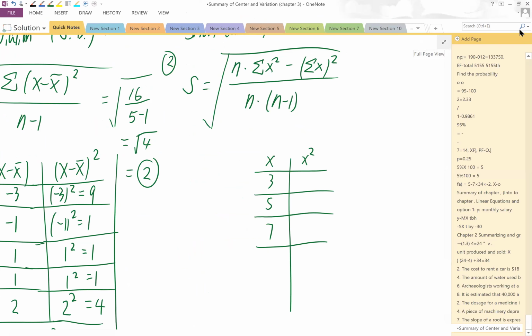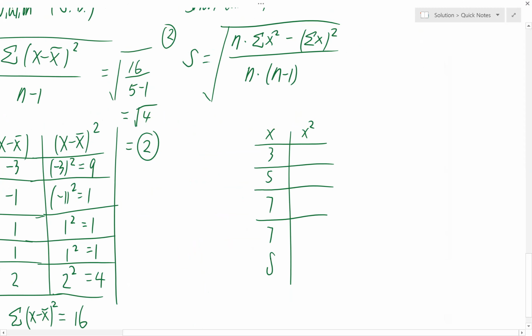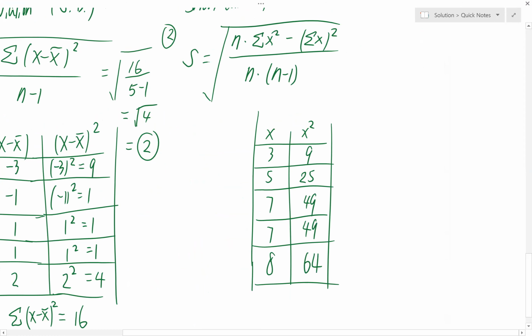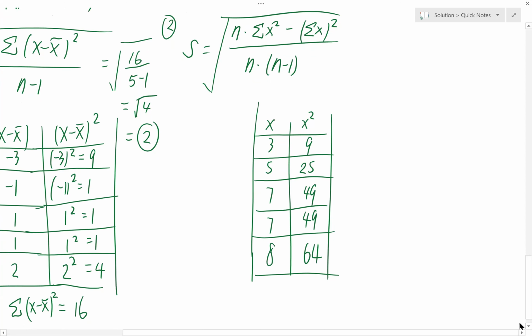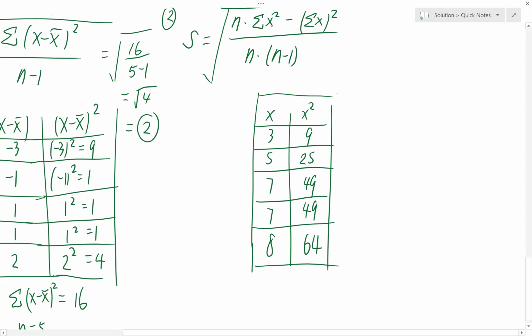You can also try this in Excel yourself, no problem. Now we square each one of the numbers. 3 squared gets us 9, then 25, 49, 49, and 64. So we need to sum up two things. First, we sum up the first column.